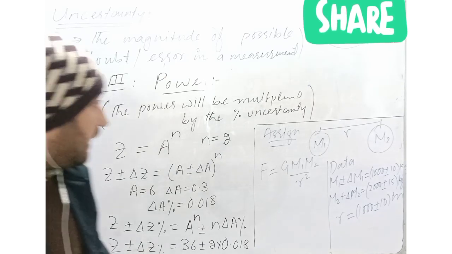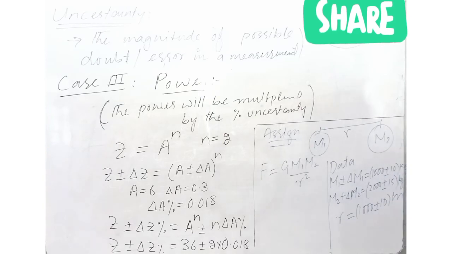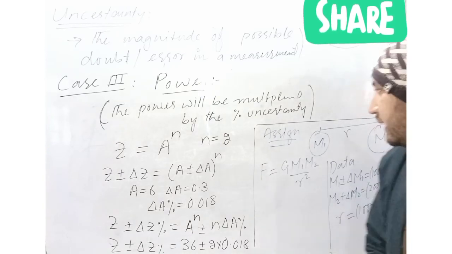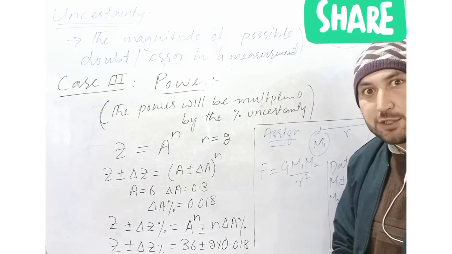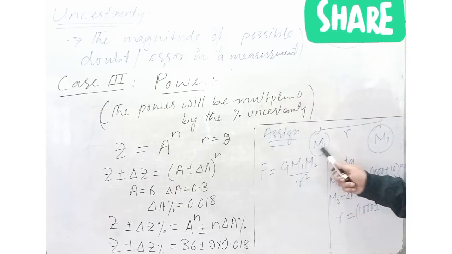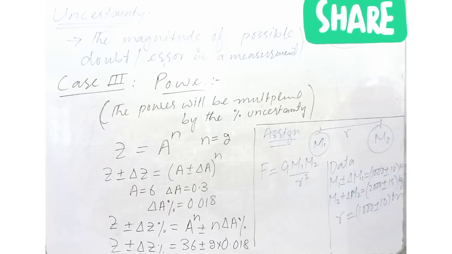Okay. Now, as we have discussed all three cases, let me give you an assignment for brainstorming. Let us take two masses m1 and m2 separated by a distance r.